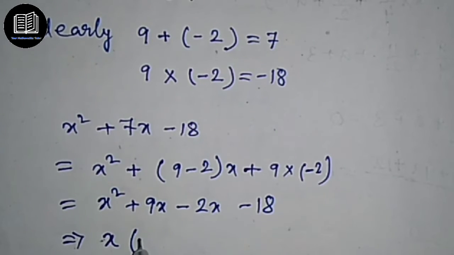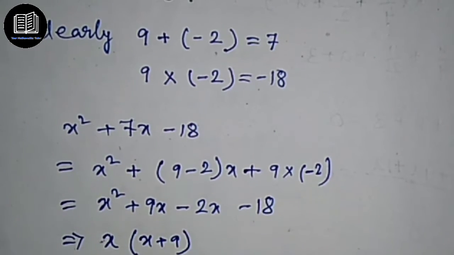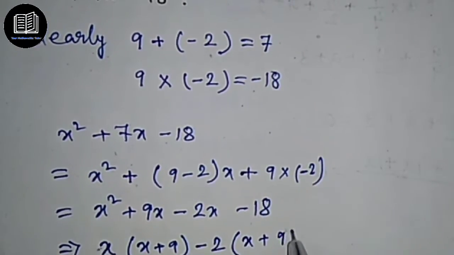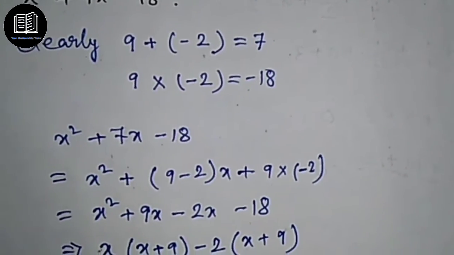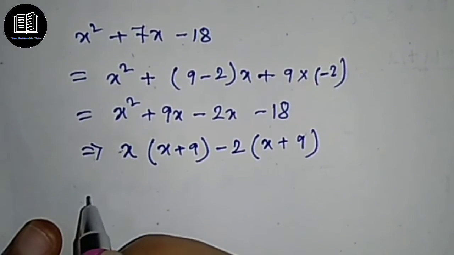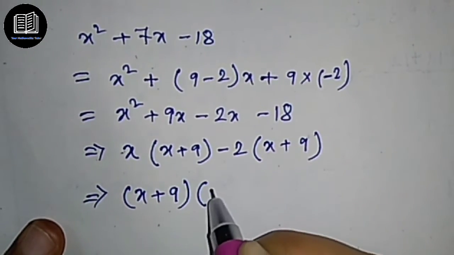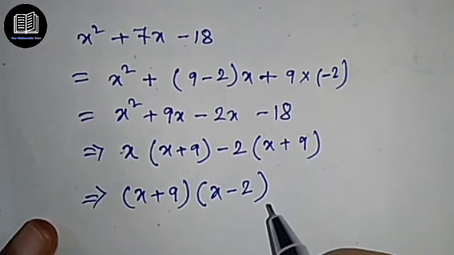Now taking x common, x plus 9, and here taking minus 2 common, x plus 9. So x plus 9 is common in both the terms. x plus 9 into x minus 2.